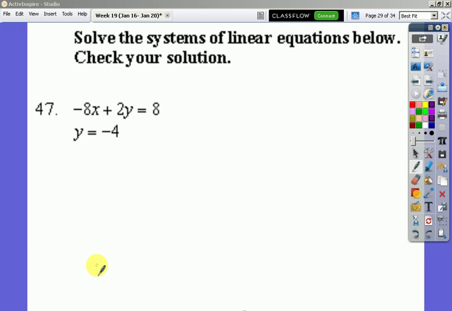Substitution. Remember, it's often easiest when we have an isolated variable, meaning a variable by itself, to use substitution. So we have a y by itself, so it's easy to substitute that y into our other equation. So when you have an isolated variable, use substitution to your advantage. So I'm going to take this y and I'm going to replace it up top.